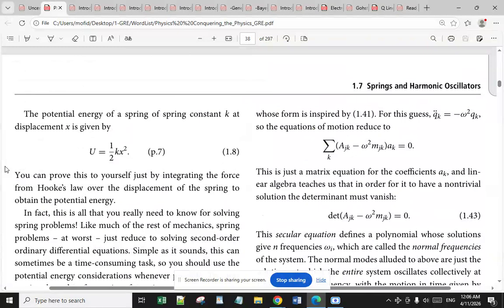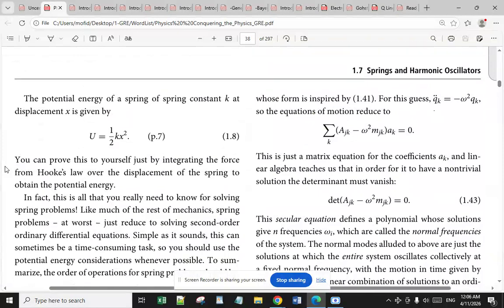So the equations of motion are reduced to the sum over k of (K_jk minus omega to the power of 2 M_jk) alpha_k is equal to 0. This is just a matrix equation for the coefficients alpha, and linear algebra teaches us that in order for it to have a non-trivial solution, the determinant must vanish.